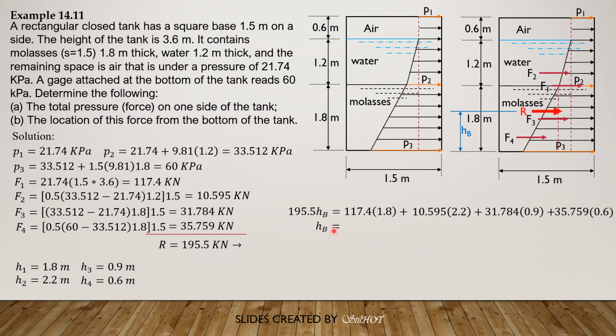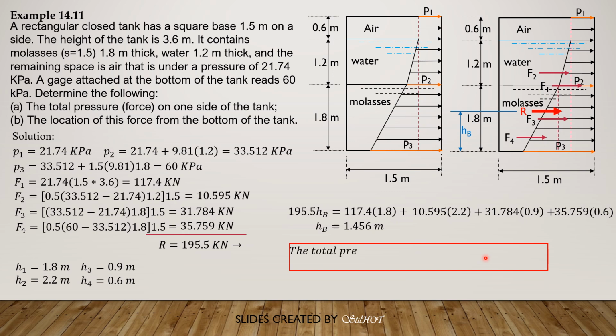Solving for H sub B, it is equal to 1.456 meters. Therefore, the resultant force is equal to 195.5 kilonewtons acting rightward, perpendicular to the plane of that side, and 1.456 meters above the bottom. That's how to state the answer.